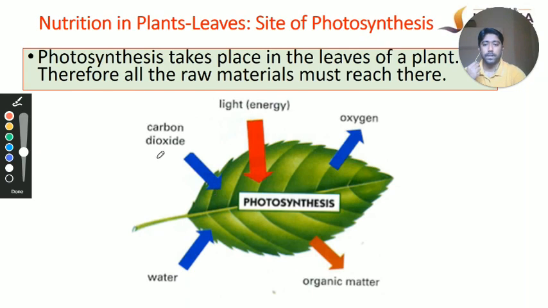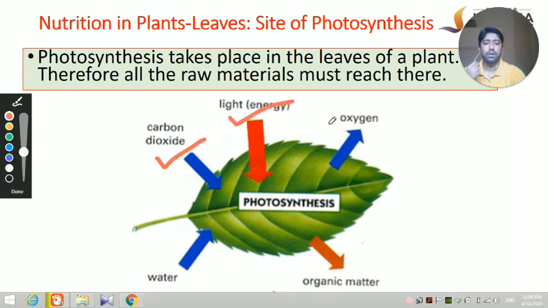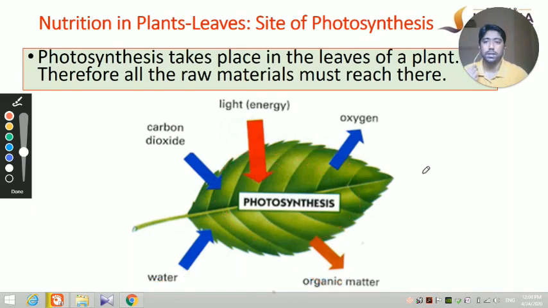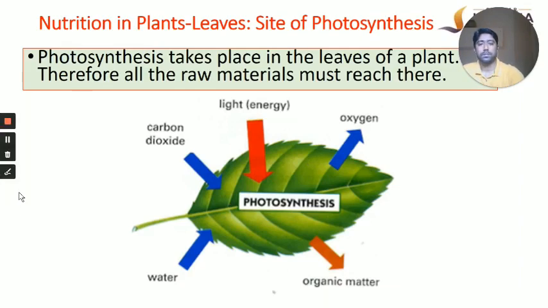The carbon dioxide, light energy, oxygen, water and organic matter also, these materials must reach the leaf of the plant where photosynthesis will take place. So the leaf is the factory where processing of food takes place. Okay, let's see.